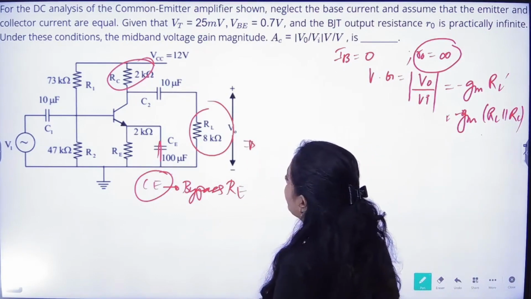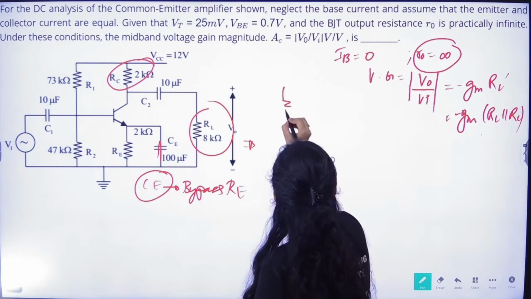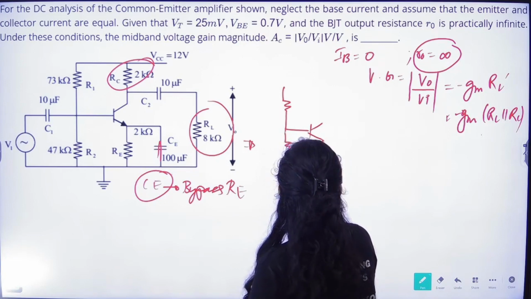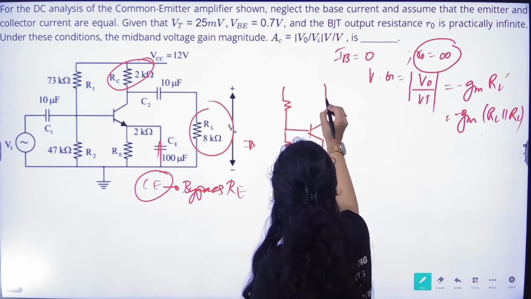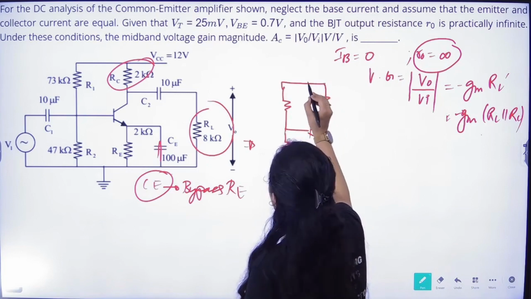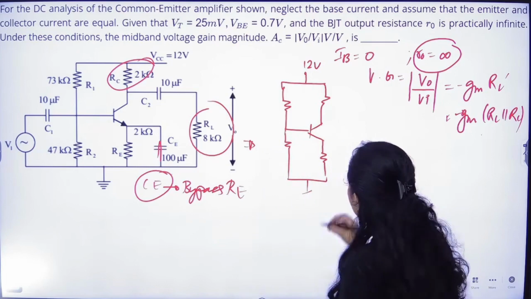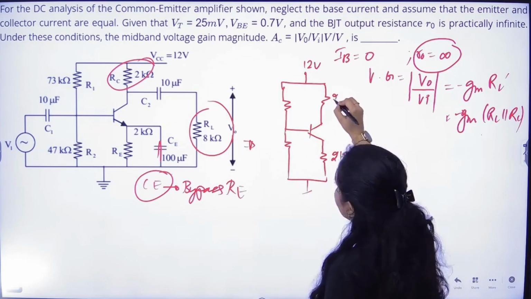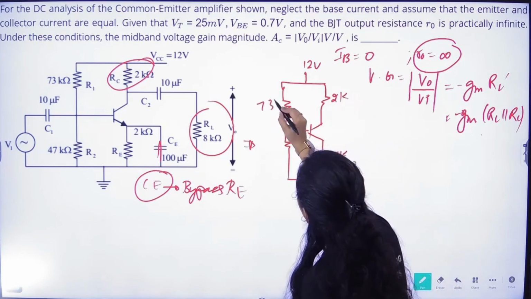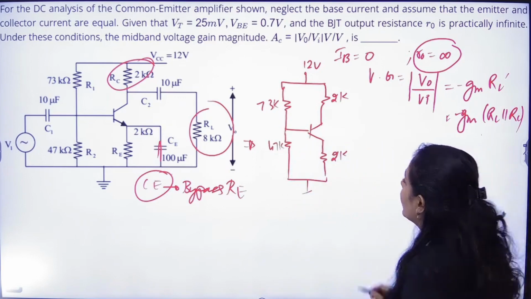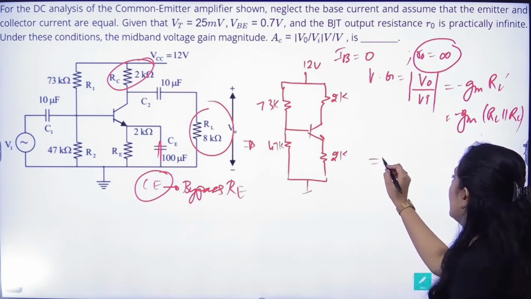So if I convert this into its equivalent DC, this is 12 volt, this is grounded, this is 2K, this is again 2K, this is 73K, this is 47K. This is again voltage divider configuration.